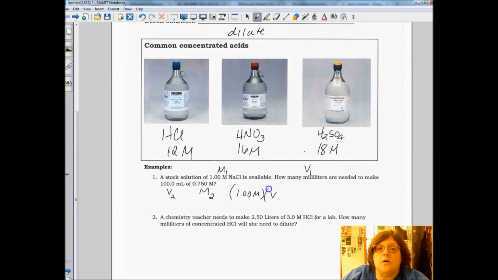Molarity times volume 1 equals 0.1000 liters times 0.750 molar. How do we solve for V? Divide both sides by 1. That will cancel our molarity out, and we'll have an answer in liters.